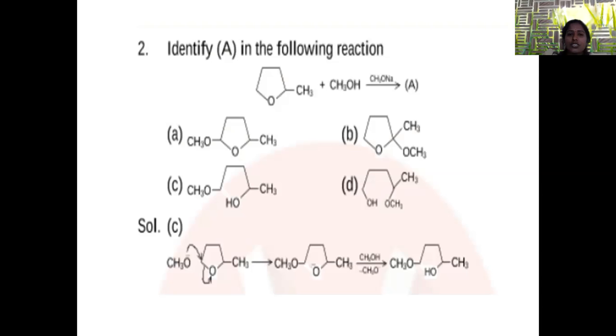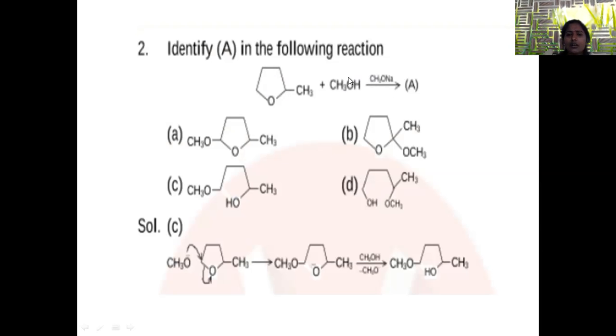The last question in this session: when we are taking tetrahydrofuran, 2-methyl tetrahydrofuran, it is a 5-membered ring. It is highly strained actually. When it is treated with methanol in the presence of sodium methoxide, what will be the product?